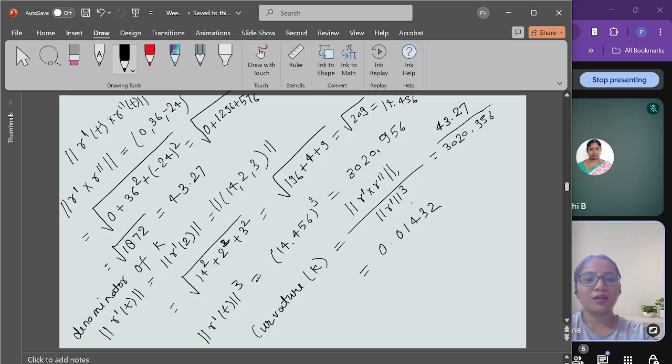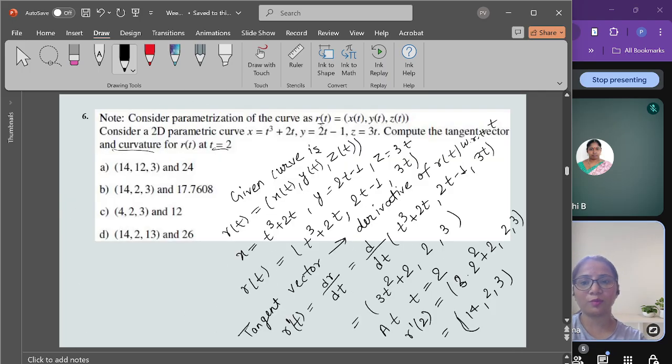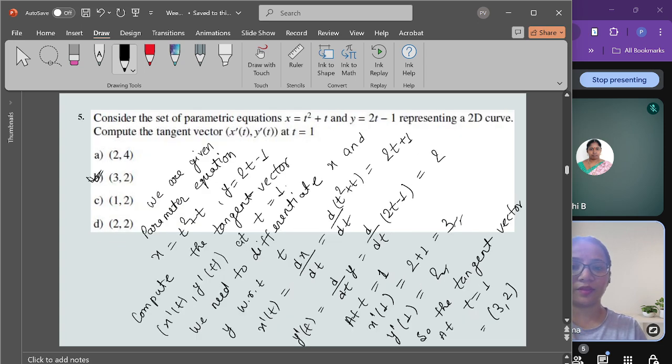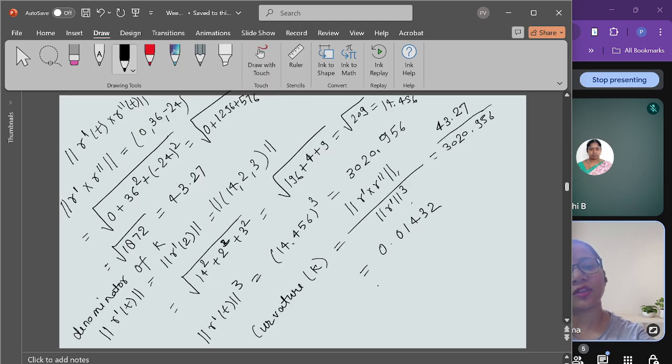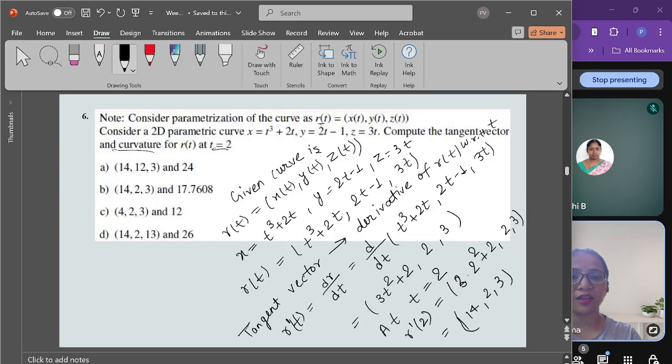So basically this is our curvature, but it does not match any of the other options. I have calculated it many other ways, but the option is just if you multiply with 100, approximately you can get 14.32, which is approximately equal to 17.76.